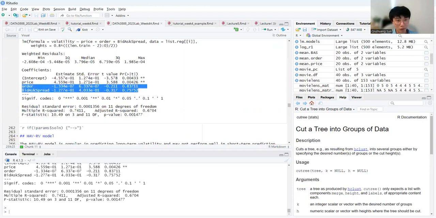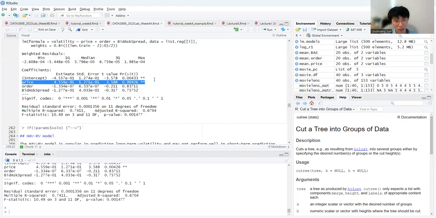The number of orders and the bid spread are not significant, right? The p-value is very large. So for the price, it is significant, meaning that in practice we can use the mean price in the previous period to predict the realized volatility in the next period.